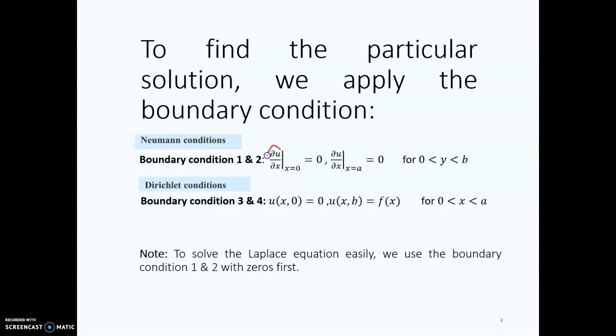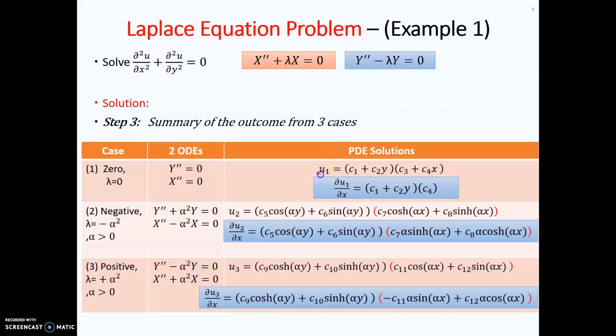Since the boundary condition requires to differentiate the u with respect to x here, therefore you need to differentiate the u for each case here with respect to x. When you differentiate with respect to x, your y component here will remain. And you differentiate the x component here, constant here will be cancelled, and your c4x will become c4. So this is the first solution.